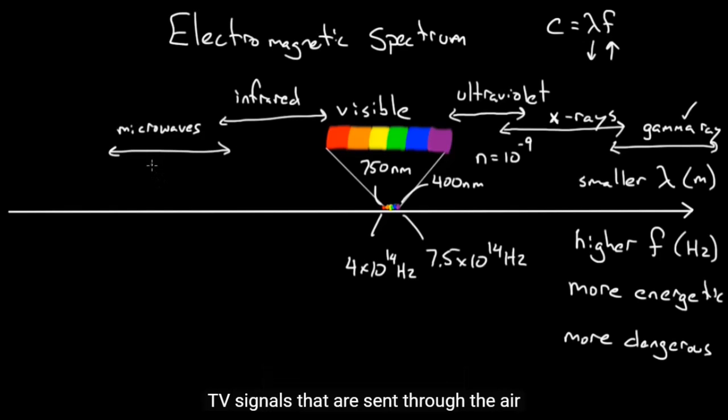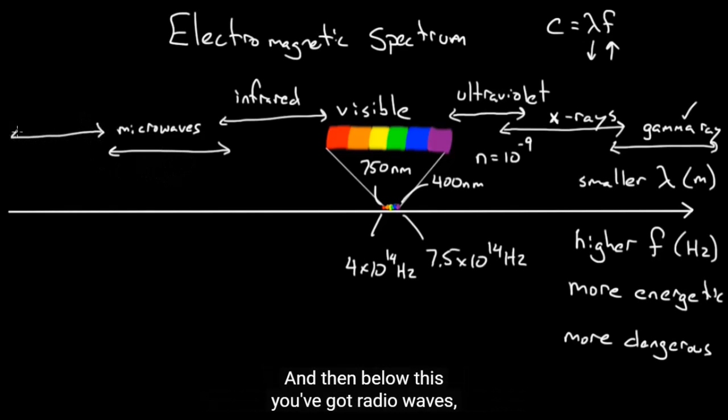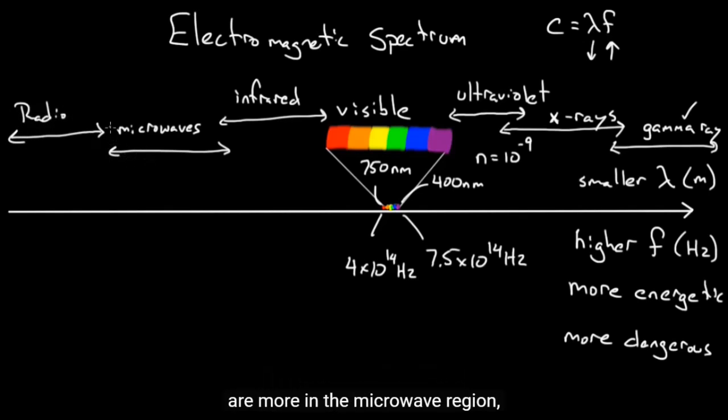TV signals that are sent through the air are in the microwave region. This is used for a lot of cases. And then below this, you've got radio waves. Even though, technically speaking, FM radio waves are more in the microwave region, these are more like AM. So when people first started making radio, they used frequencies down here, and that was the AM frequency range.